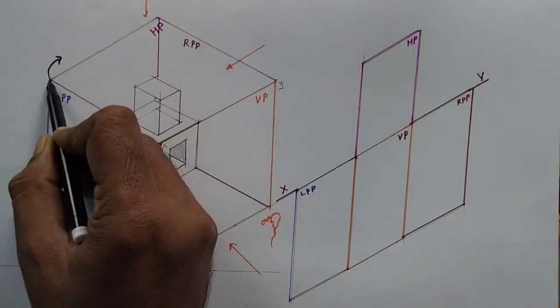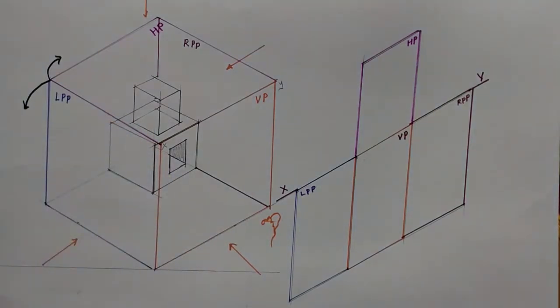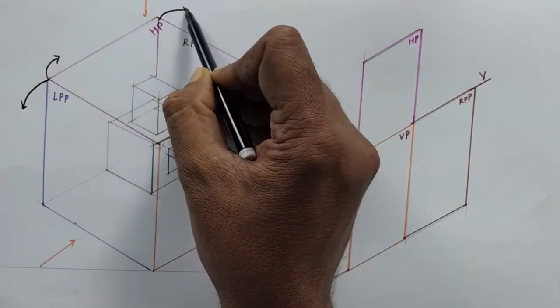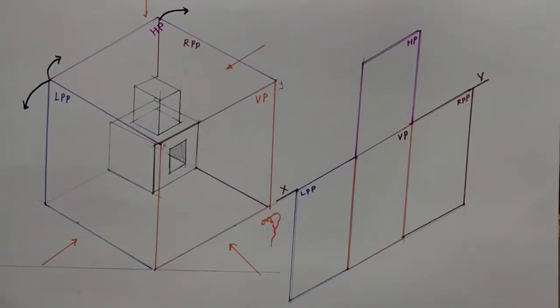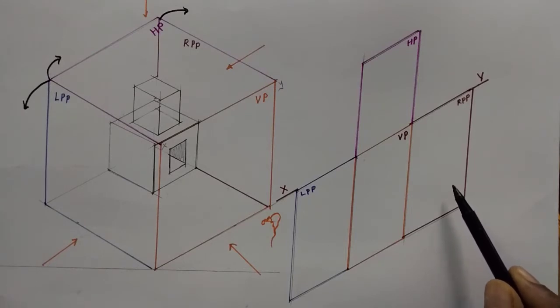Now this left hand side profile opens with 90 degrees. So on the left side of the vertical plane we have the left side profile plane, and your right hand side profile plane, when you open this box, is always on the right side of the vertical plane.